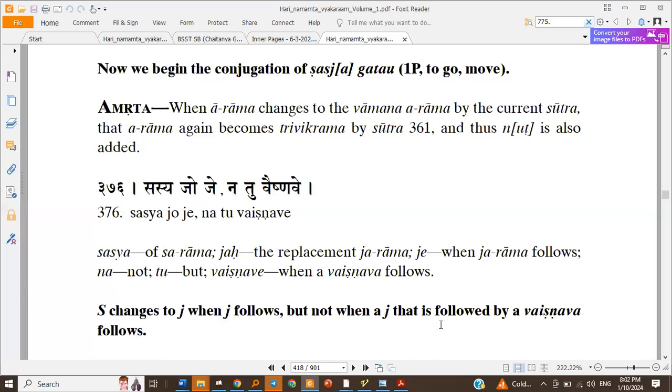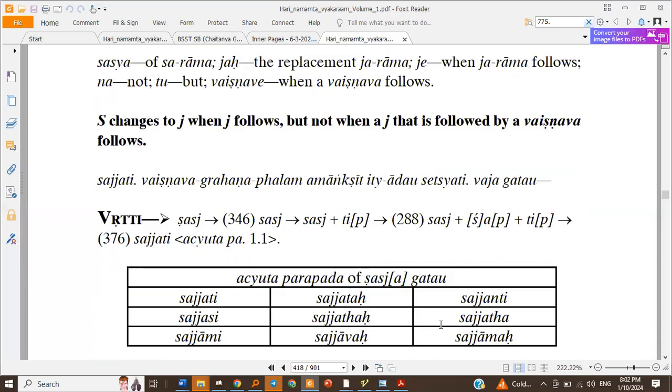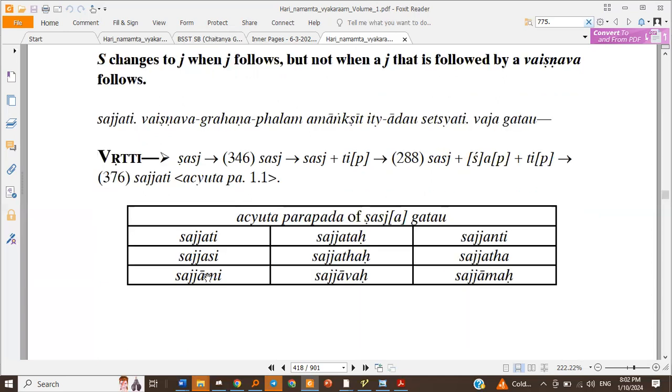When there is a ja following, which is further followed by another Vaishnava, then we can't do that. So Shasja, Dhatwadeshah sa, so Sha becomes Sa, and Tip Shab, so this Sa becomes Ja, so we get Sajjati. This Sajjati and so on comes from here.